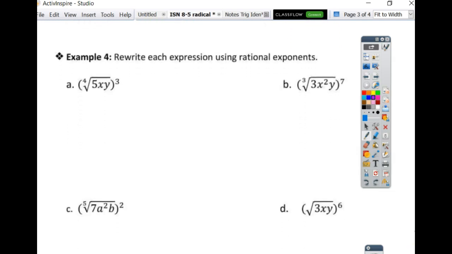Okay, so we're going to rewrite. So this, the parentheses here, what's the exponent? See, this time the 3 is outside the parentheses. So the 3 goes on top and the 4 goes on bottom.